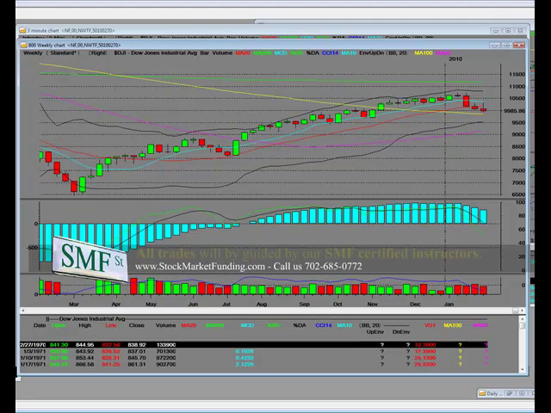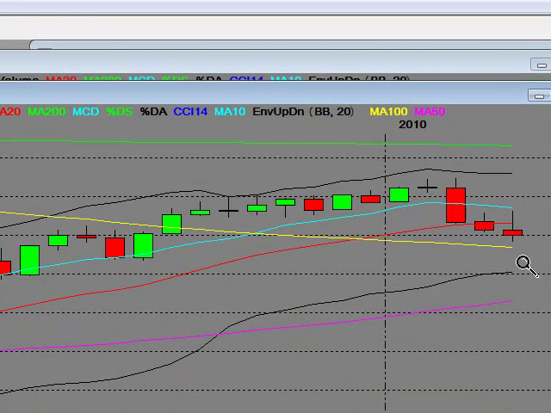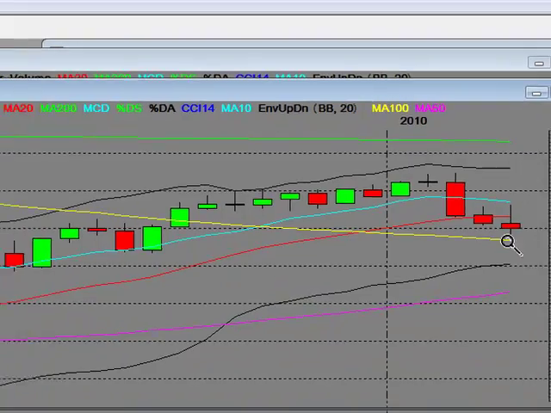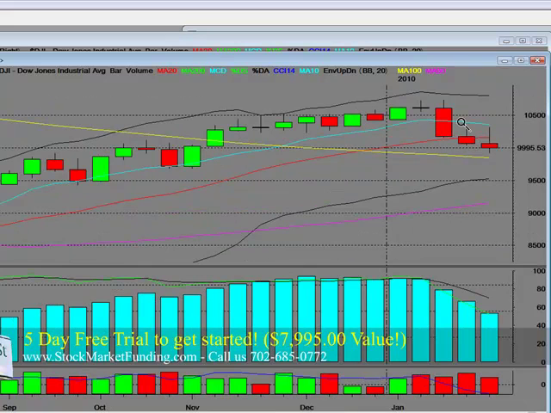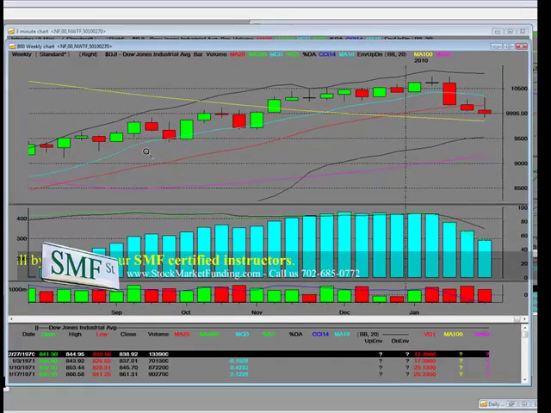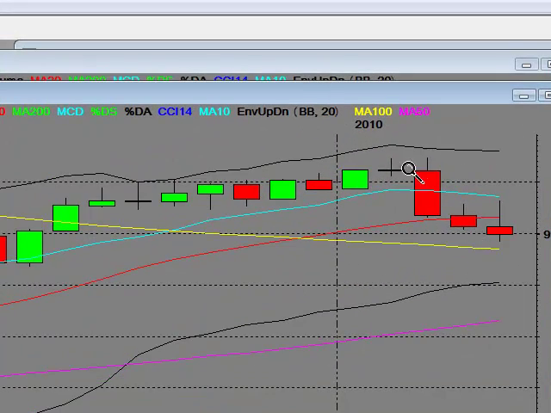However, what I will warn the world about, if you're holding an IRA or a 401k and you're invested in the market, my suggestion to you today: we broke the key psychological level of 10,000. This red line is called a 20-week moving average. And that blue line is rolling over. That means when the blue line, the 10-week, was rising, we had a really good uptrend. But now it's changing. It's rolling over.